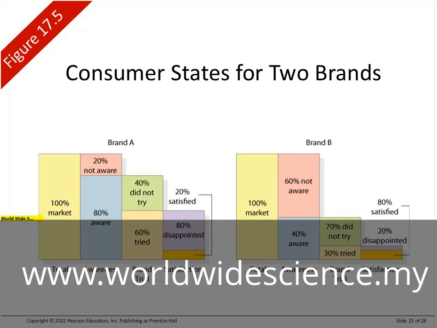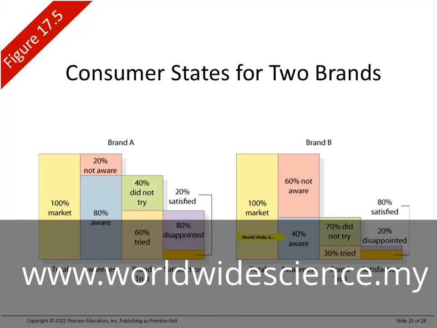It means finally satisfied customers for brand A is just 20% of 60% tried, and this 60% is out of 80% aware. And for brand B, you have 100% market, 60% not aware, and 40% aware.